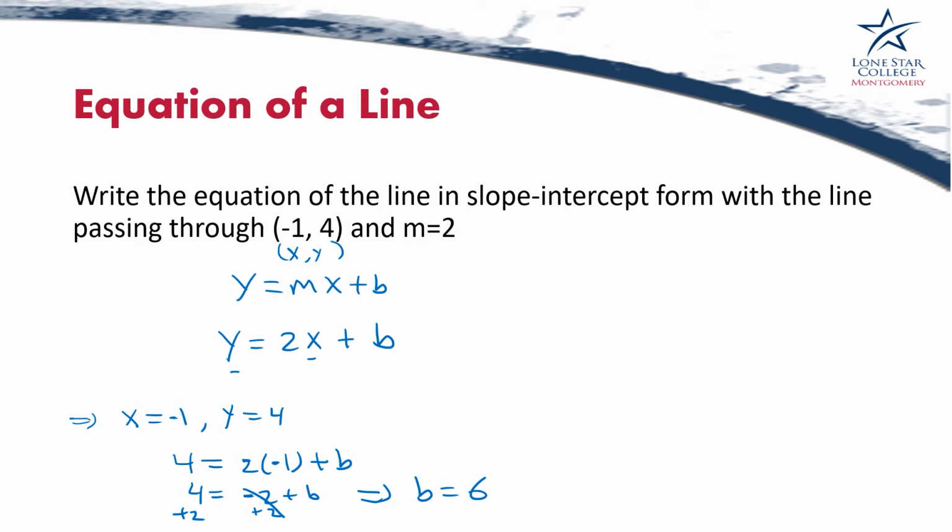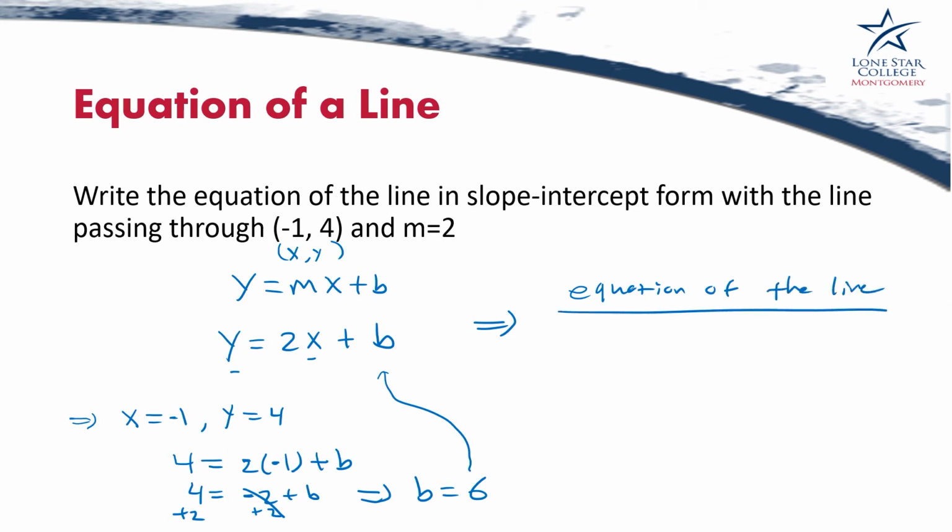So we take the 6 and plug it back in here. That tells us that the equation of the line would be y equals 2x plus 6. And that is in slope-intercept form. So the answer is D.